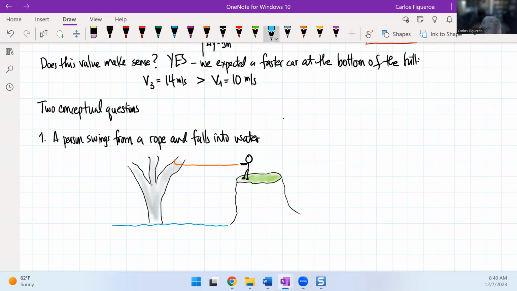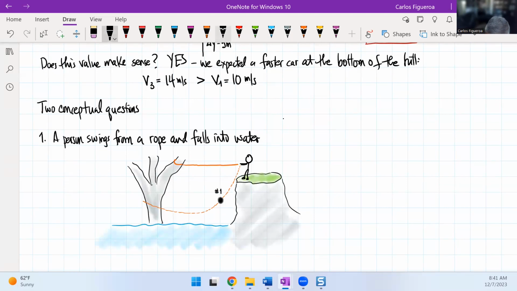Now, if that's the rope, what is this person going to do? He's going to swing down, and the path of the rope is going to go in an arc like this. By the way, the tree is in the background. We're going to look at two spots. One spot is right here, which I'm going to call spot 1.